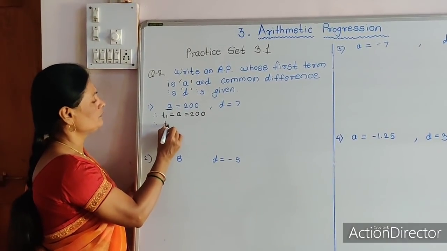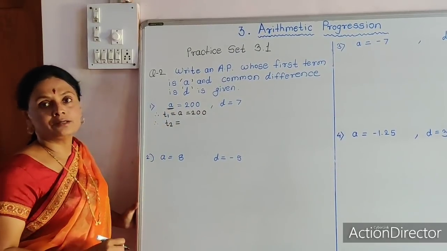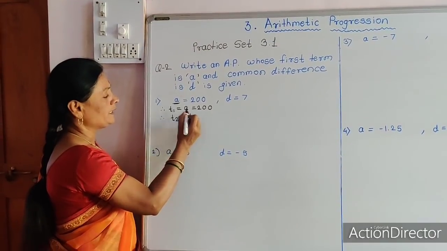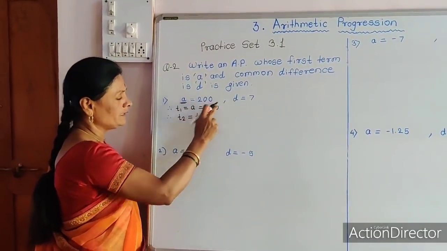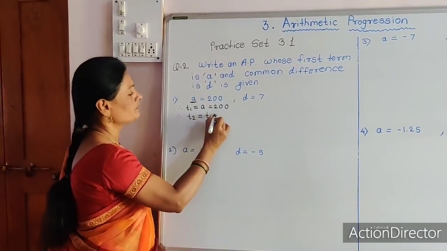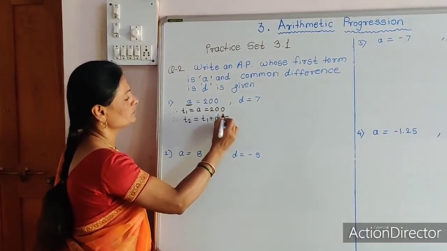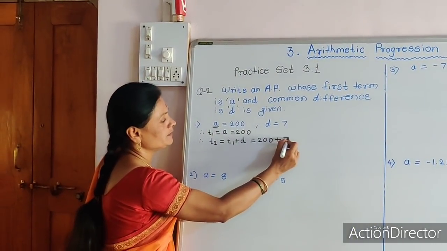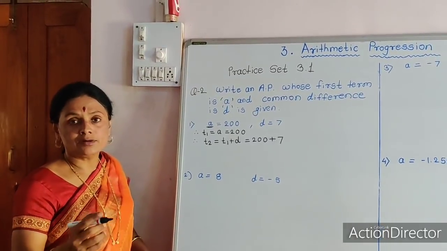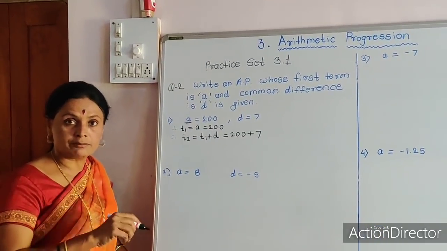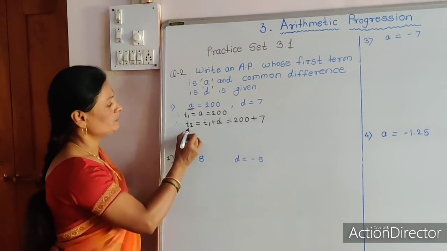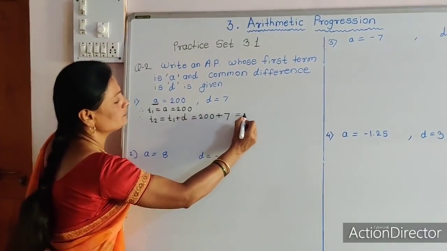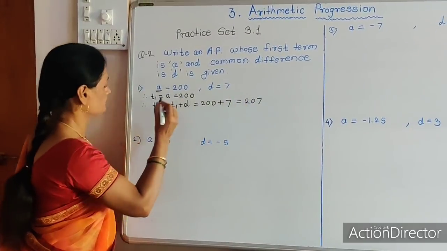Second term T2: we get T2 by adding D to T1. T1 plus D is equal to, T1 is 200, plus D is 7. By adding the common difference D to the previous term, we get the next term. T2 is equal to T1 plus D, which is equal to 200 plus 7 is equal to 207.